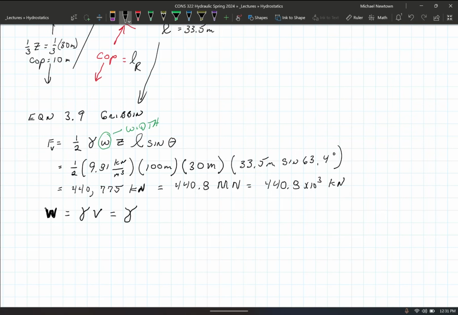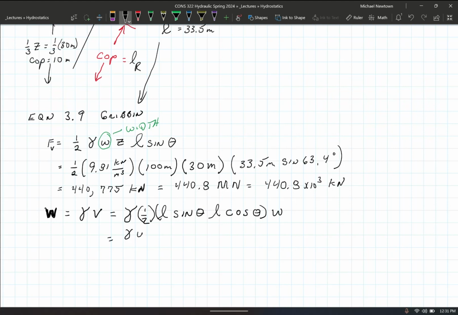Cool. 1/2 L sine theta, L cosine theta. And I need a parenthesis there, and a parenthesis there, and a parenthesis there, and a parenthesis there, times the W, the width. Or we're going to clean this up.